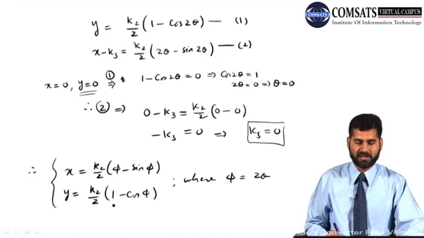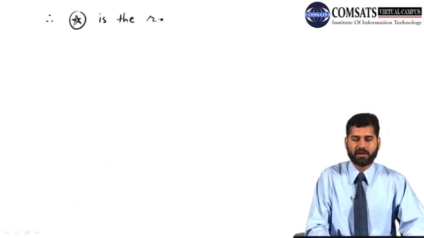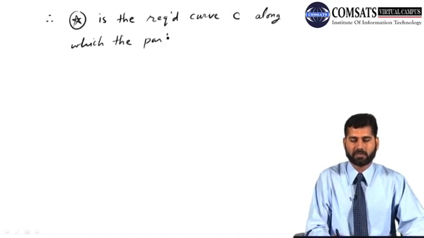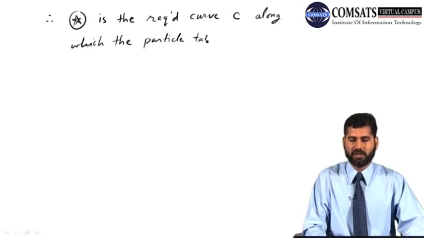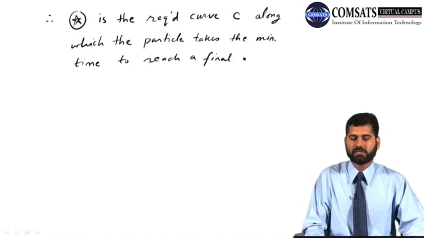So this star is the required curve C along which the particle takes the minimum time to reach the final point, which is B (x2, y2).